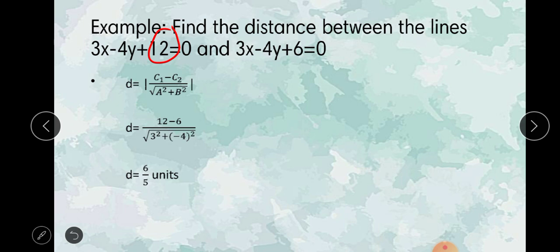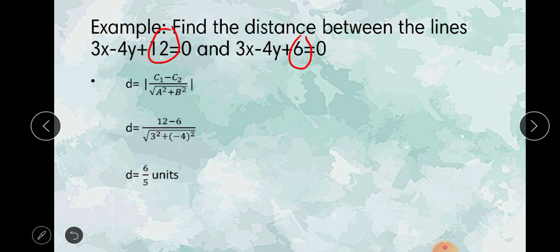Then substitute the second constant, which is 6, so we will have 12 minus 6 over, substitute the values of a and b, since they have the same value in both equations: 3 squared plus negative 4 squared.